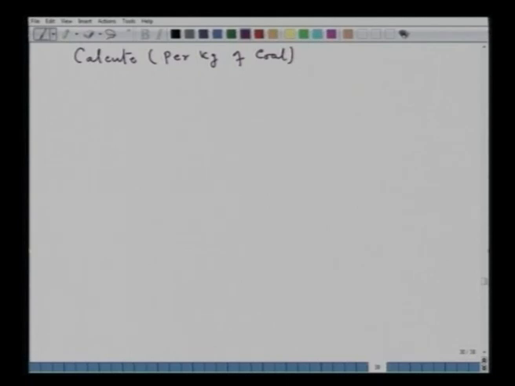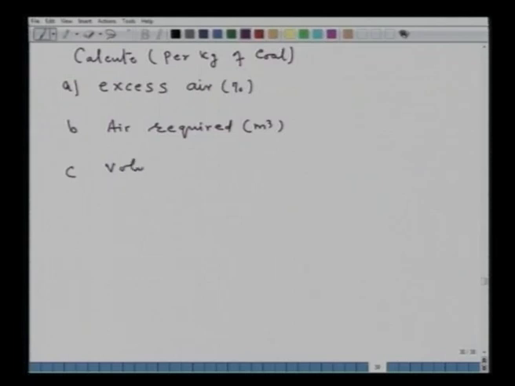So, you have to calculate per kg of coal: A, excess air, of course in percent. B, you have to calculate air required, of course in meter cube. C, you have to calculate volume of flue gases.